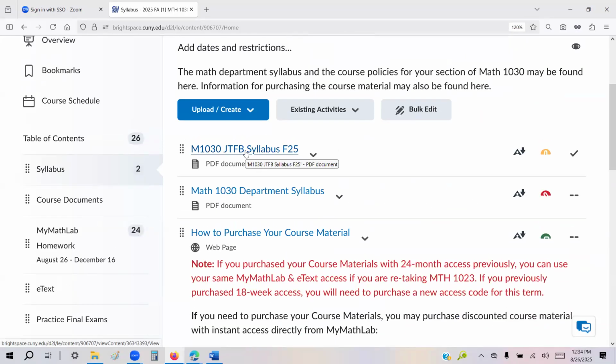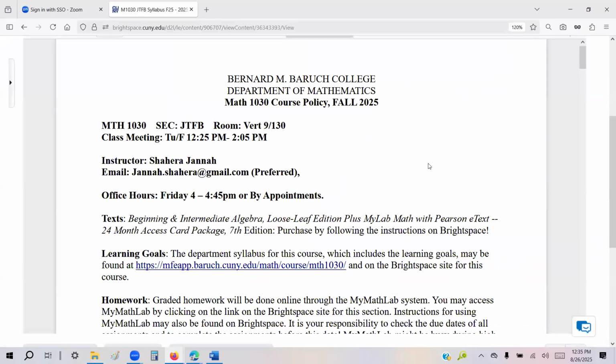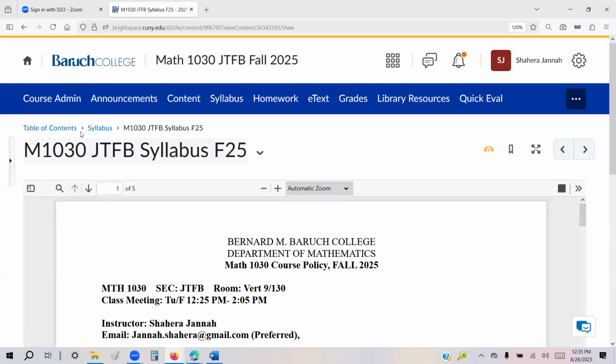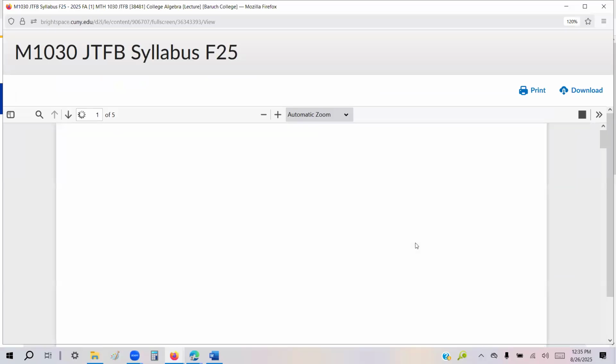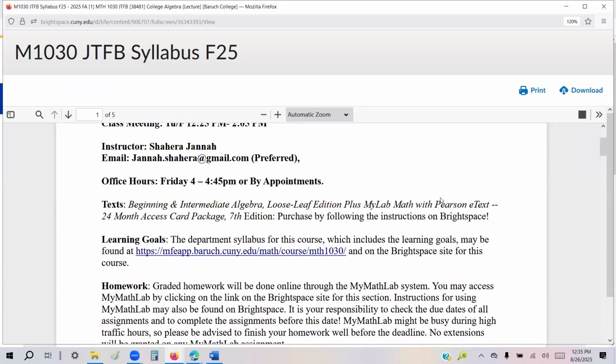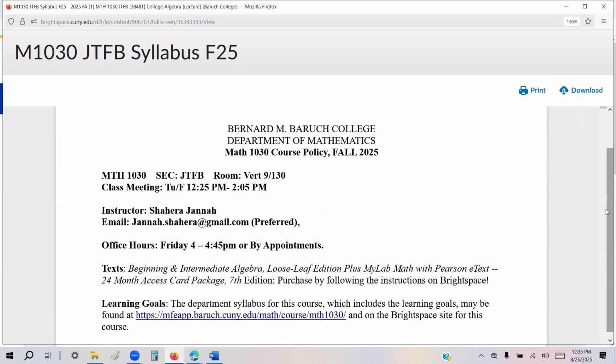The JTFB is from my side. To see our course syllabus, you click there, and then it will take you to the syllabus. It's too small. I'll make it bigger. Eventually, I'm going to put many stuff on Brightspace. I just didn't have time.